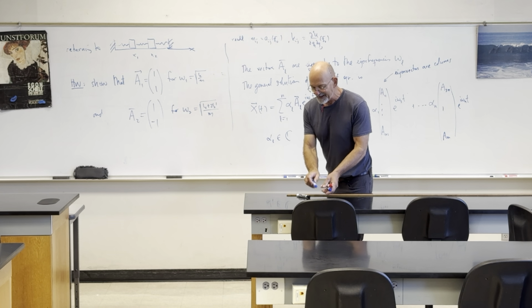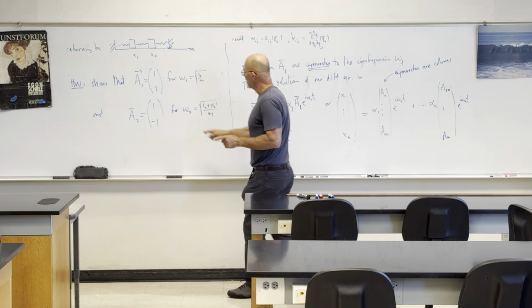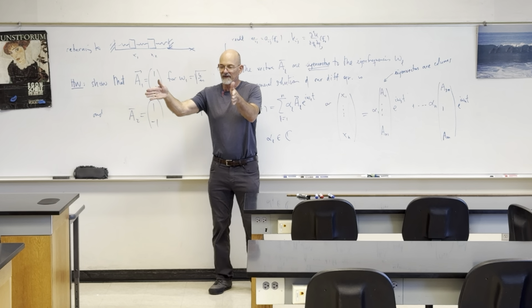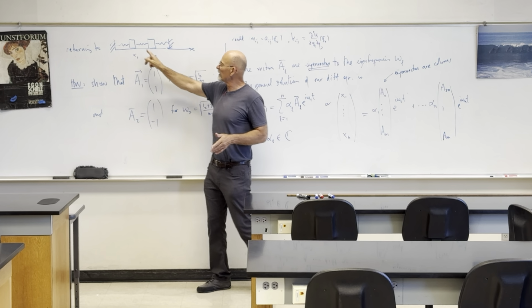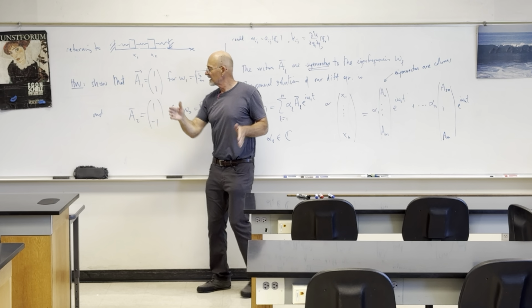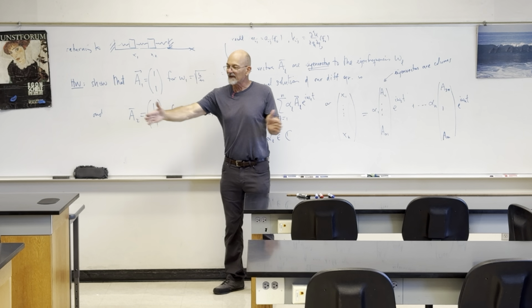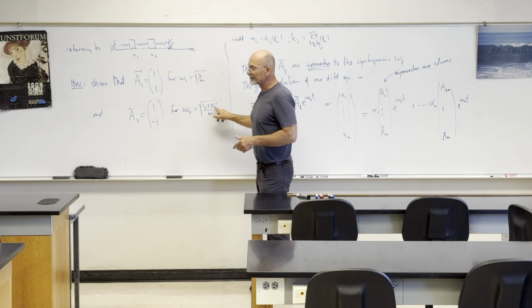And you can see the meaning of these eigenvectors right here. 1, 1 means I'm moving together, and that's the frequency where the middle spring is not playing a role. 1, minus 1 means I'm moving against each other, and that's for that frequency.